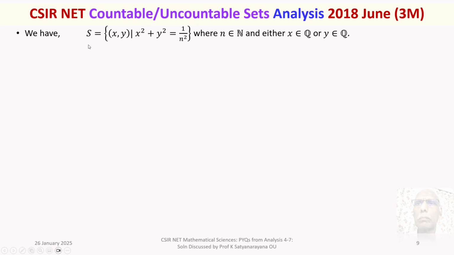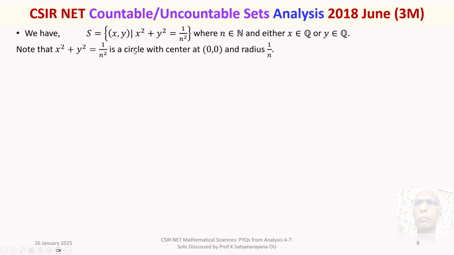We have S, the set of ordered pairs (x, y), where x square plus y square is equal to 1 by n square, where n is a natural number and either x belongs to Q or y belongs to Q. Now let us look at this one, x square plus y square is equal to 1 by n square. What is this?